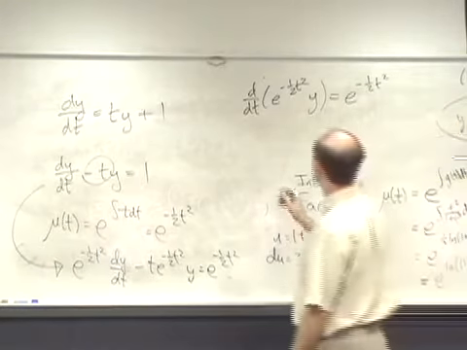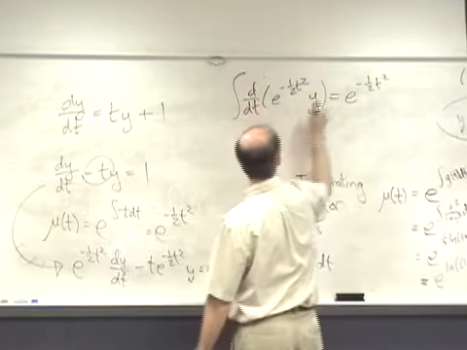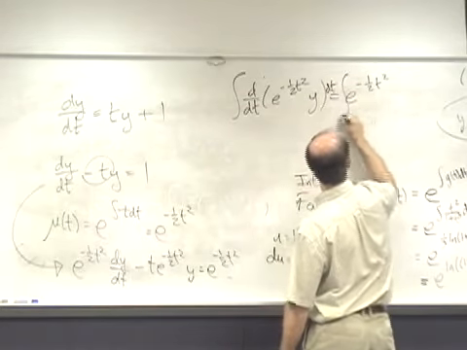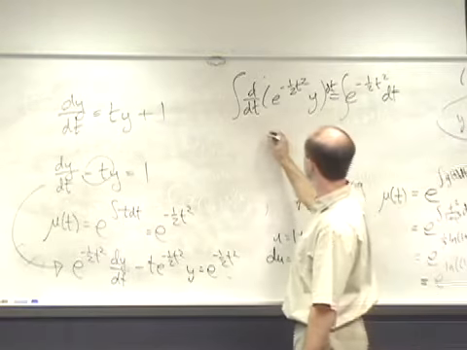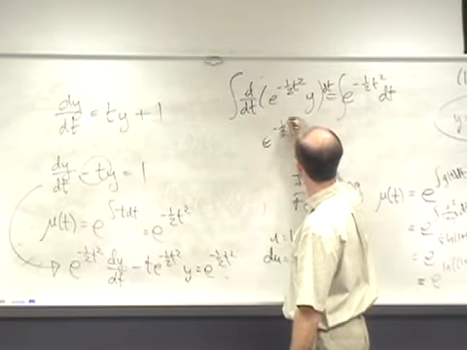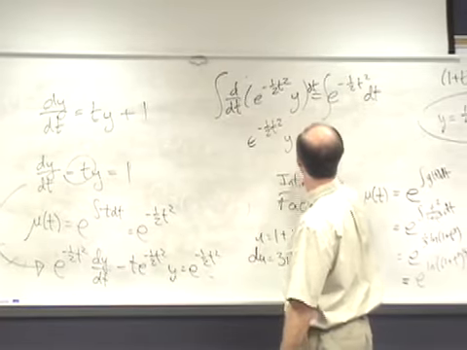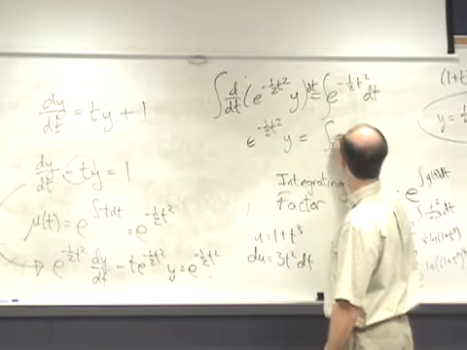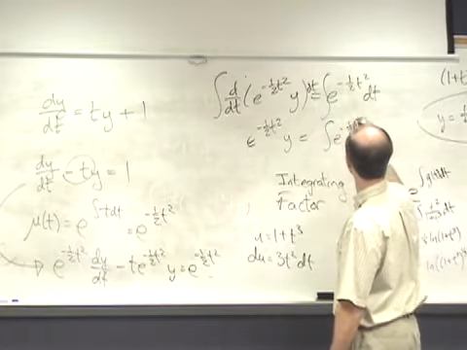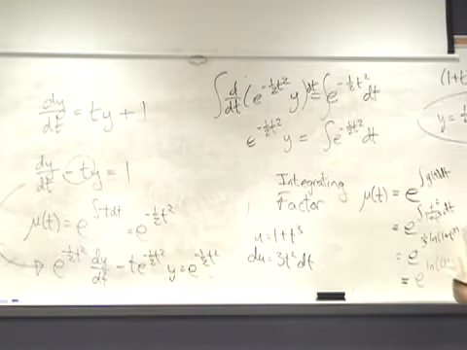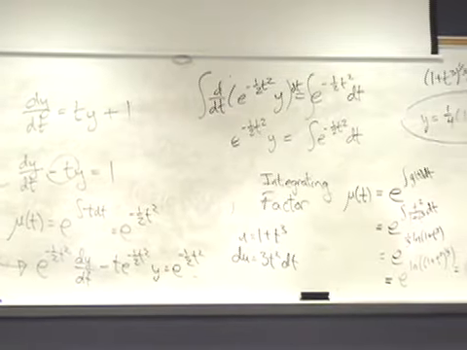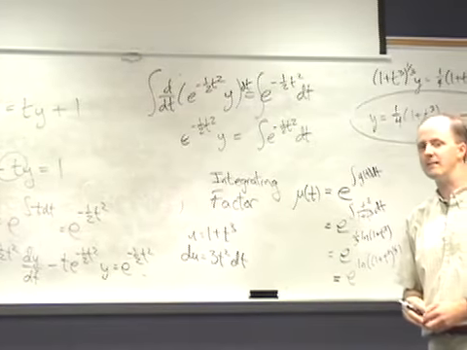Now integrate both sides. Just like before, this one's really simple to do. Well, what about the right-hand side? Turns out that one's impossible to do in terms of elementary functions.